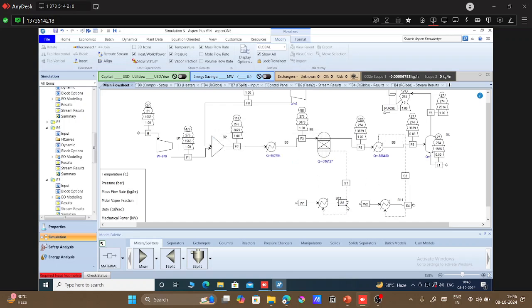Sorry, S1 is already present, so steam 1 and steam 2. Now we have to provide the specification of W1 and W2, what will be the flow rate. As of now we don't know.